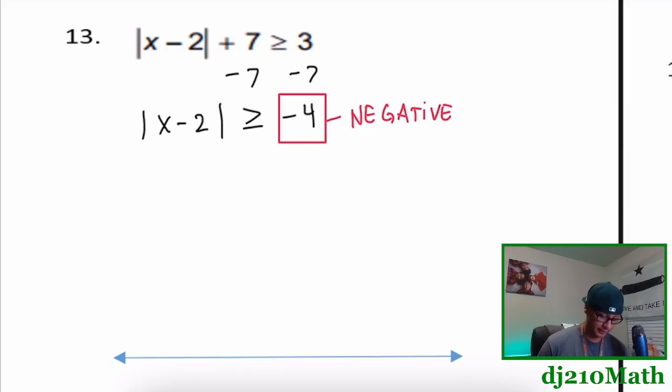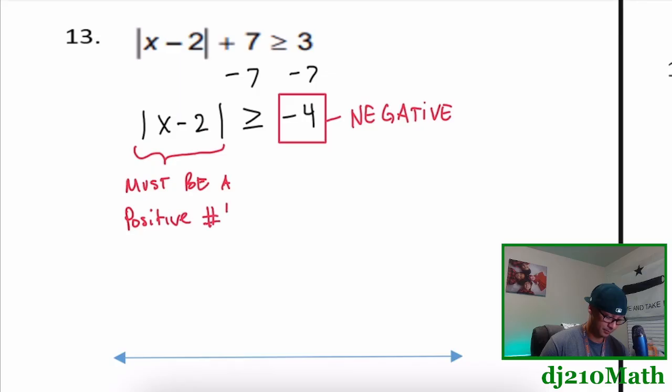In this particular case, you have to understand that the absolute value, this must be a positive number. Right? It must be a positive number, no matter what, because absolute values are always positive. So since that's the case, what positive number is greater than a negative number? All positive numbers are.